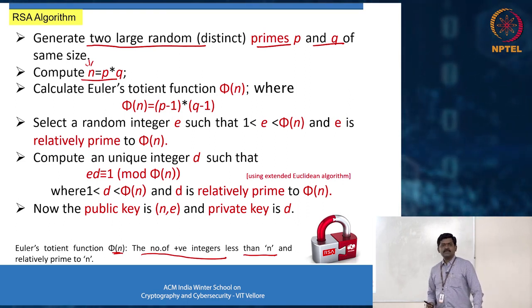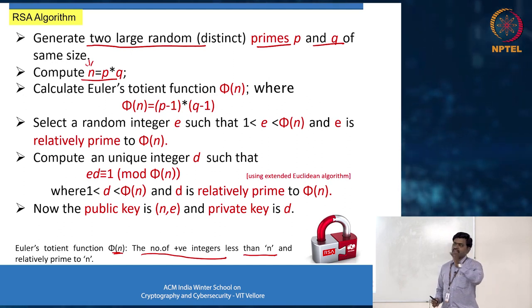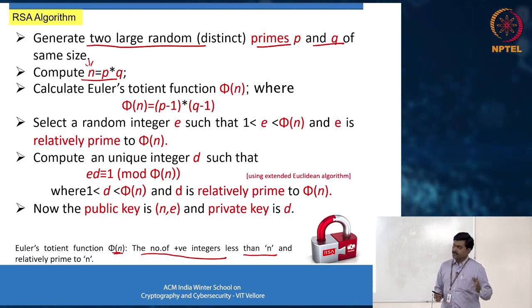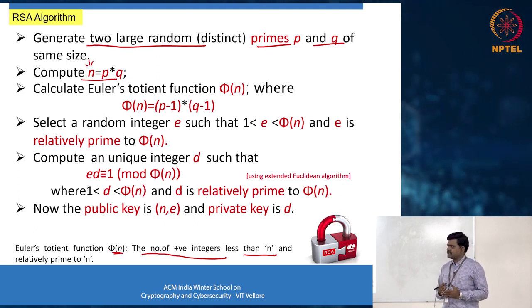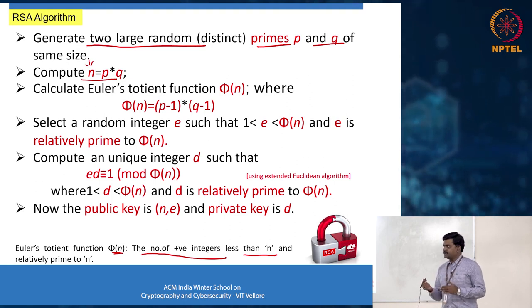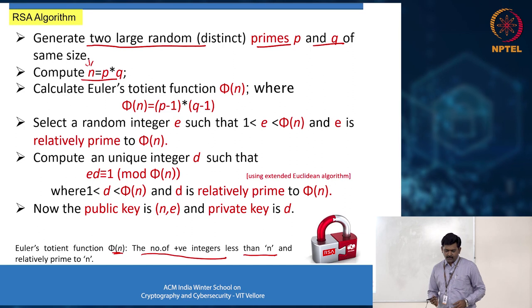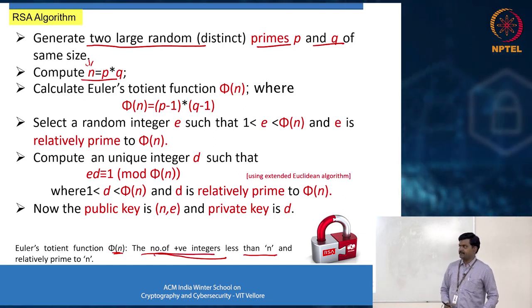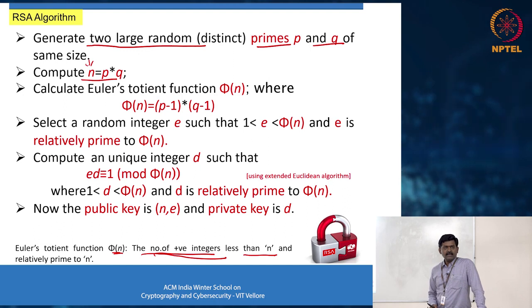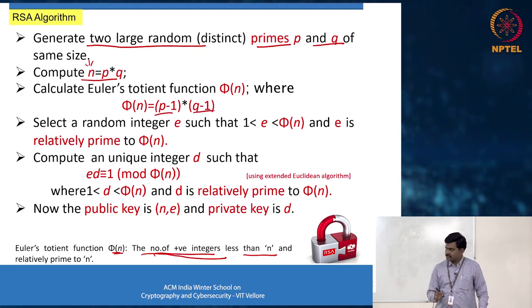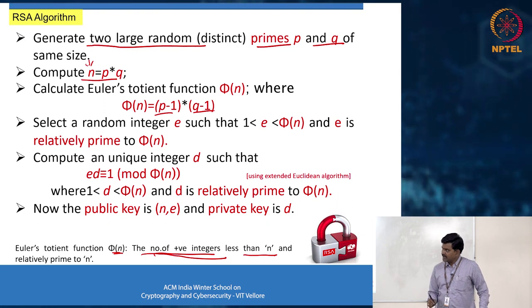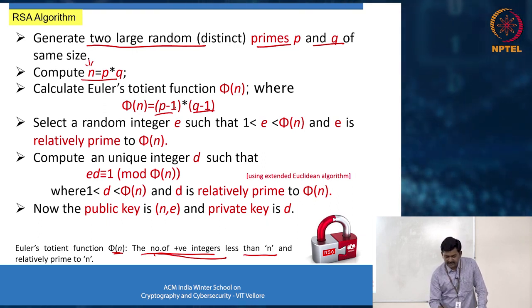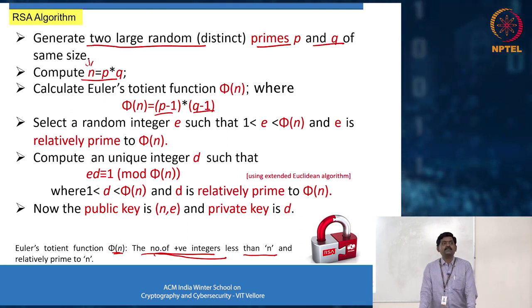That means from 1 to n, find the numbers that are relatively prime to n, by checking the GCD of 1 and n, of 2 and n, and so on. Typically psi of n can also be calculated as (p minus 1) into (q minus 1). I suggest you check why psi of n is directly calculated as (p minus 1) into (q minus 1). William Stallings has the solution.